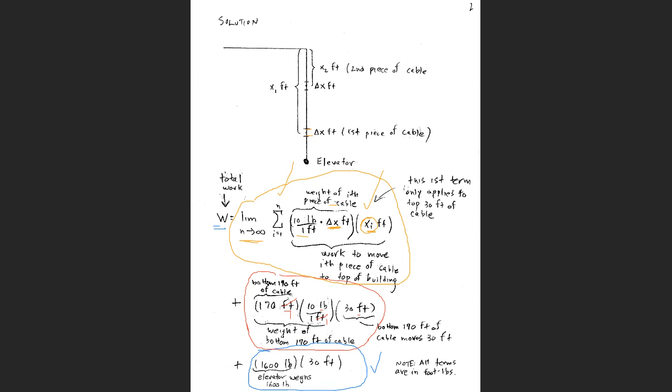Notice this first term only applies to the top 30 feet of cable. So now if you're ready, I'll go to the next page and we'll get to the final answer.